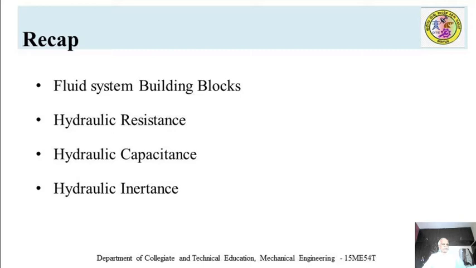Similarly, hydraulic inertance is given by the expression P1 minus P2 equals I dQ by dt. So hydraulic inertance is equivalent to spring in mechanical system and inductance in electrical system.